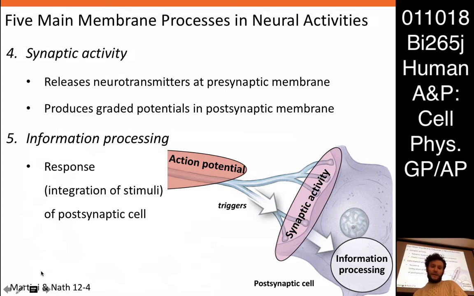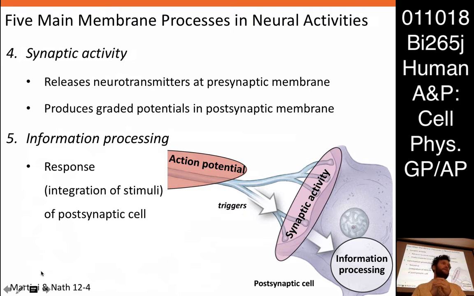But it is how a neuron responds to the different information that it gathers as represented by graded potentials. This is the integration of different stimuli. Sometimes the stimuli may be additive, and sometimes the stimuli may be contradictory.